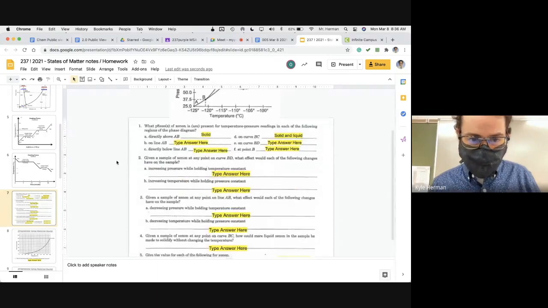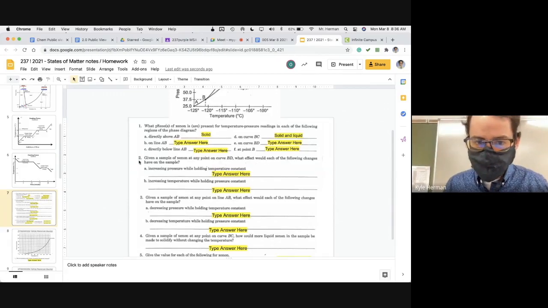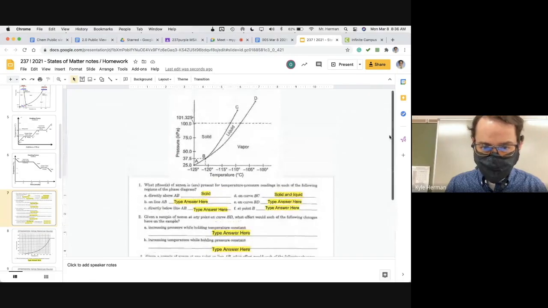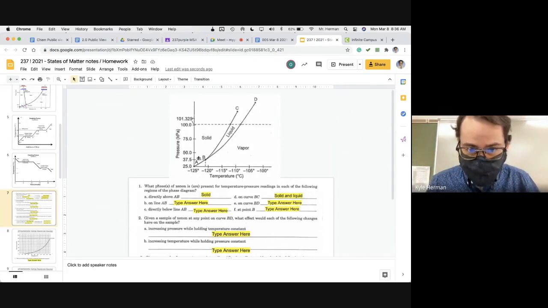And then number 2, it says, given a sample of xenon at any point on curve BD, what effect would each of the following changes have on the sample? All right, we'll do all of 2 because one will be a pressure and one will be a temperature question. So it says increasing pressure while holding temperature constant. So we're just going to change the pressure. So we're going to increase pressure, which is the y-axis over here. And we're on BD. So BD is this one.